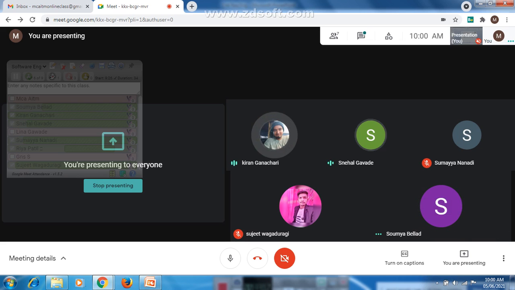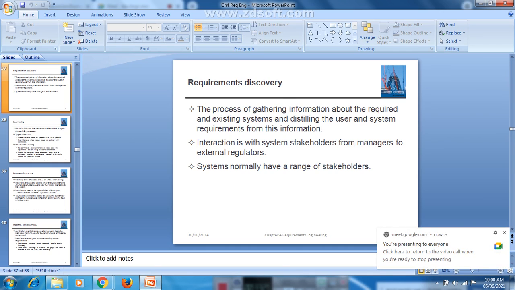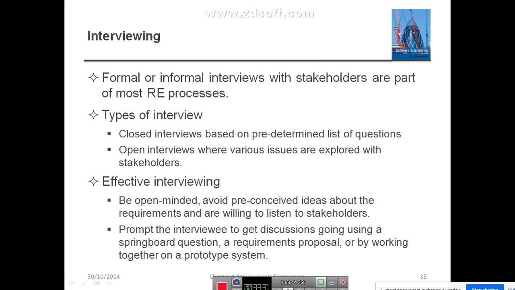Yes, requirement discovery is clear. Now we will see how they gather the information from the different kinds of stakeholders. For that, they use interviewing.